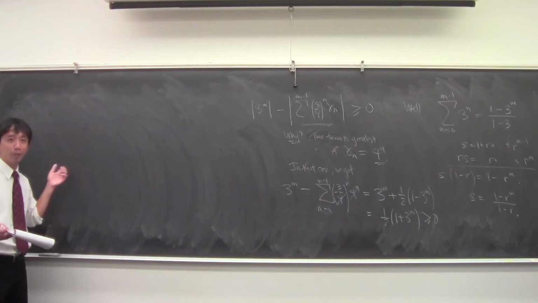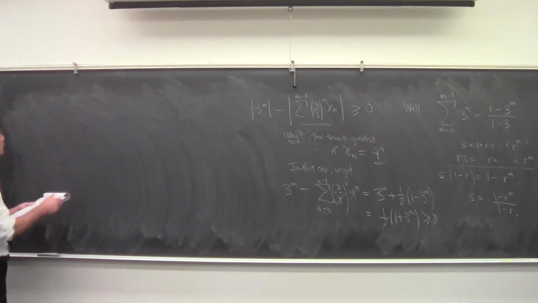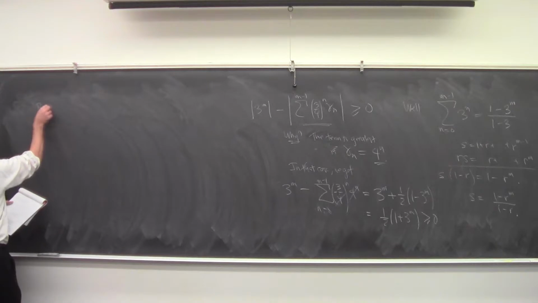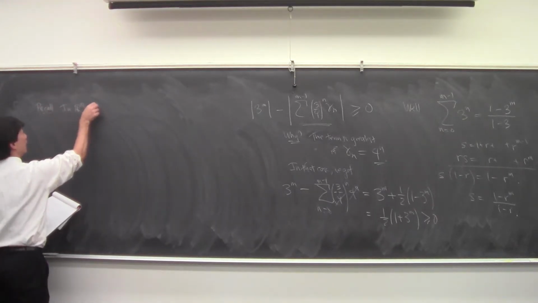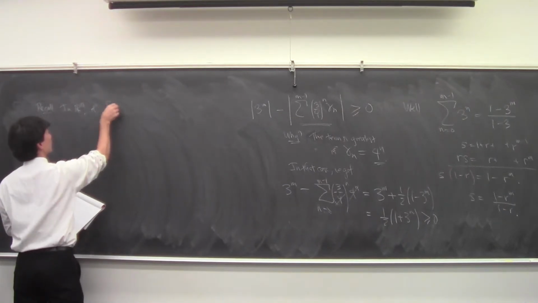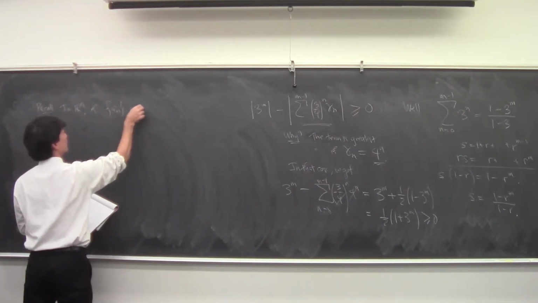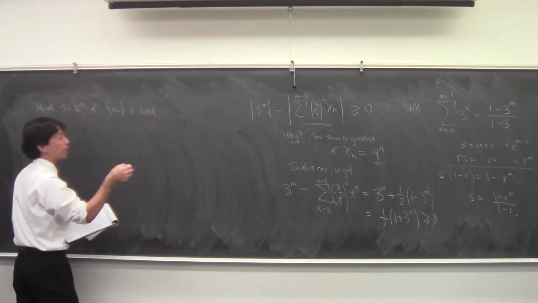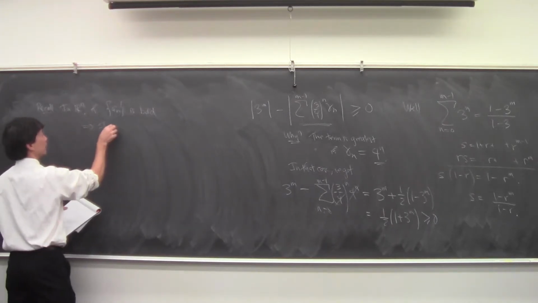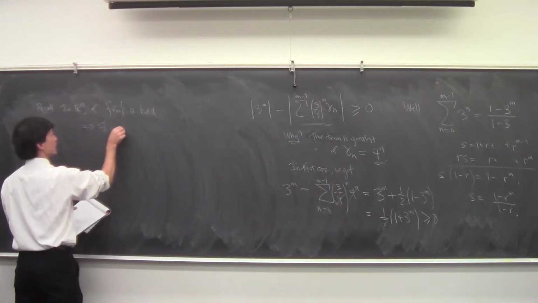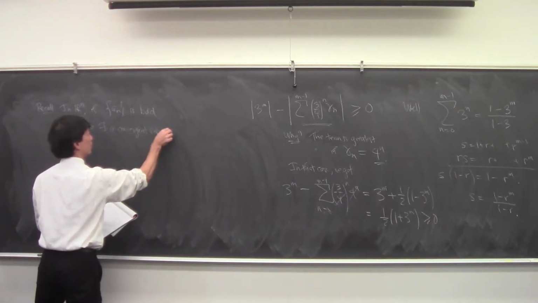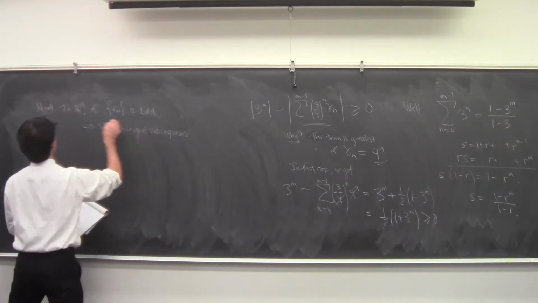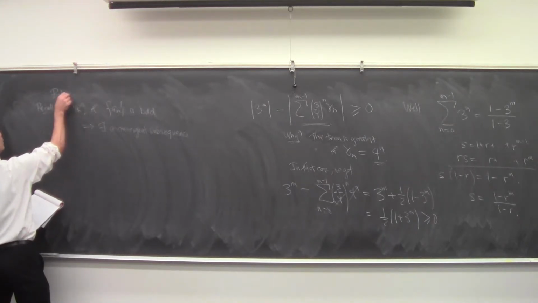Yeah, so the Bolzano-Weierstrass theorem. Recall back in Rn, if you have an infinite bounded sequence, then you're guaranteed that there exists a convergent subsequence. And this is called the Bolzano-Weierstrass theorem.